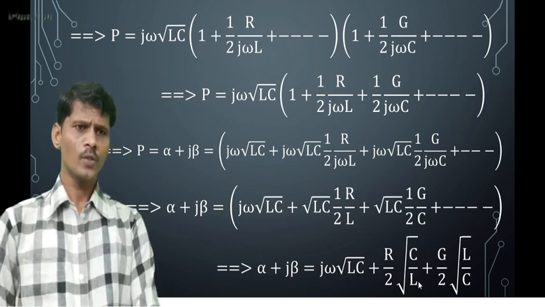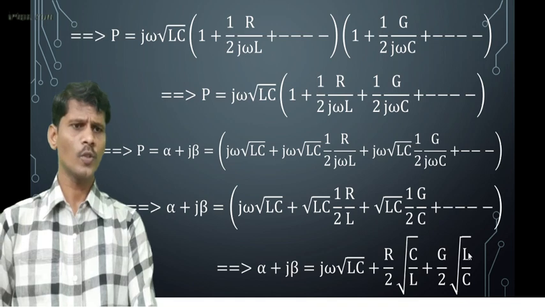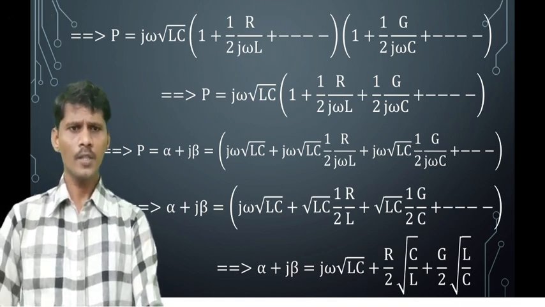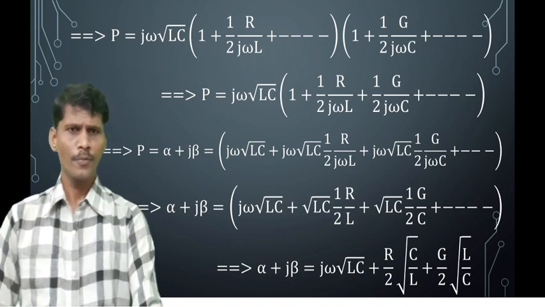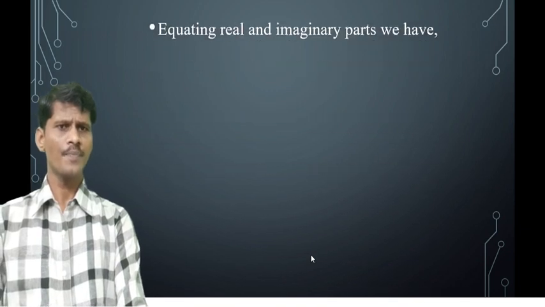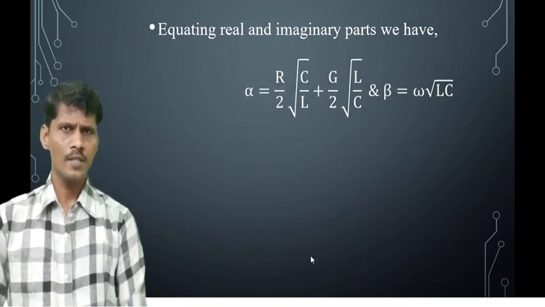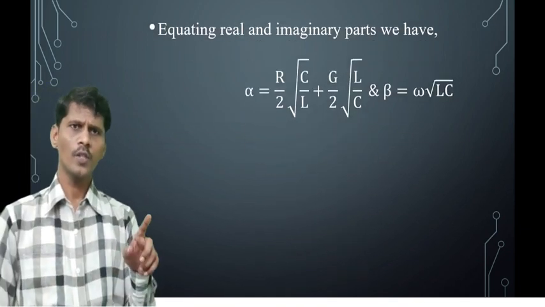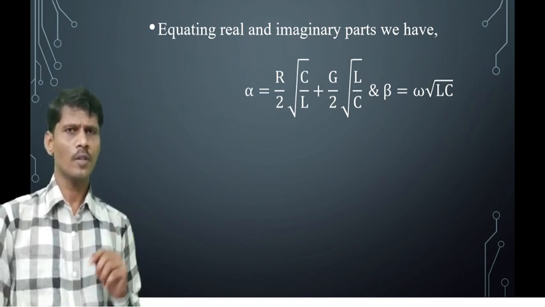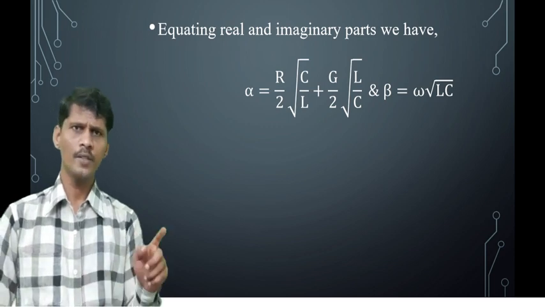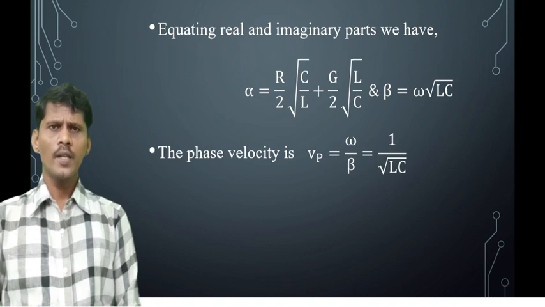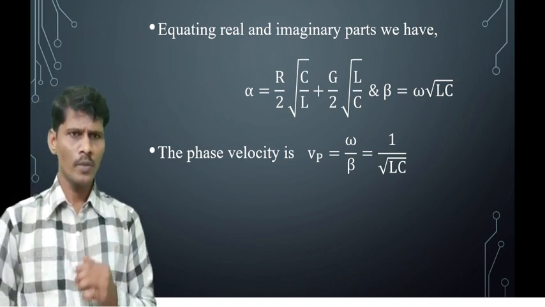R by 2 into square root of C by L plus G by 2 into square root of L by C. Equating on both sides real parts and imaginary part, we get the attenuation constant alpha is equal to R by 2 into square root of C by L plus G by 2 into square root of L by C, and the phase shift constant beta is equal to omega into square root of LC.